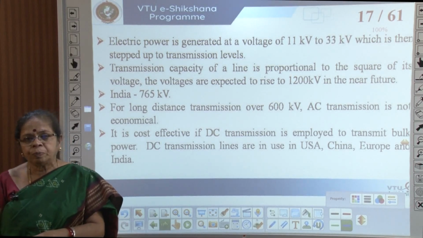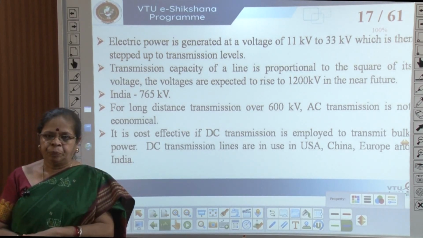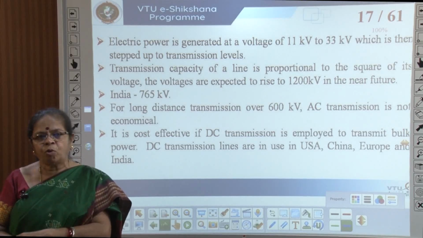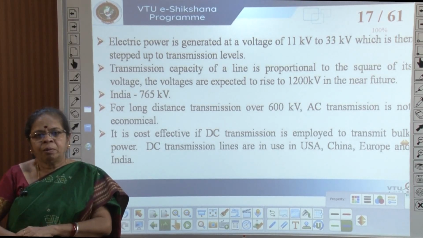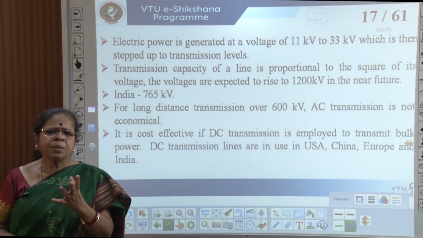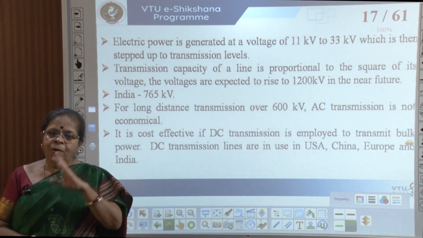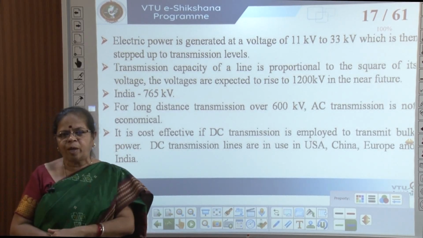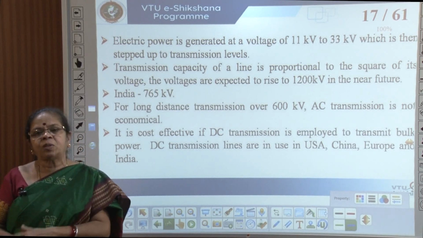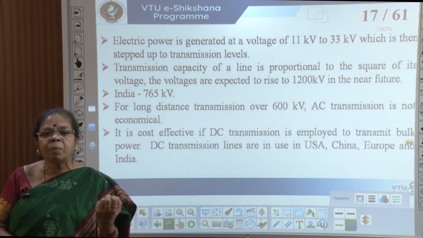Now, I told you DC made a re-entry somewhere in the second half of the 20th century, 1960s, 70s. What is the reason? After Edison fought for DC and people said, no, we are not going to have DC, we are going in for AC, again after almost 7 to 8 decades, why did DC make a comeback?